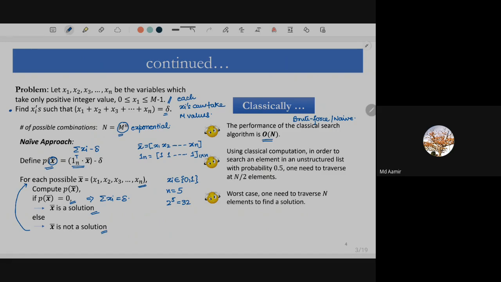We may be lucky and find it at the first evaluation, or the second, or the third, but overall we get this order of n time complexity, and n is basically m raised to n. So we have this exponential time complexity, exponential in n, with m being the number of values the xi's can take.